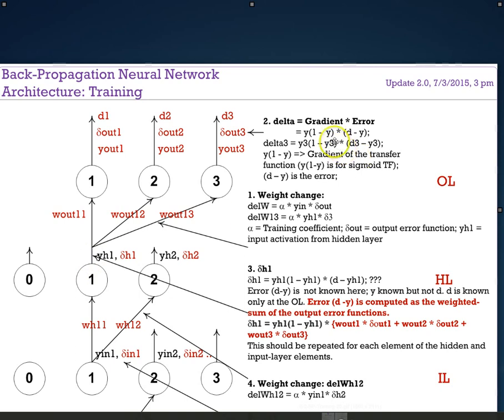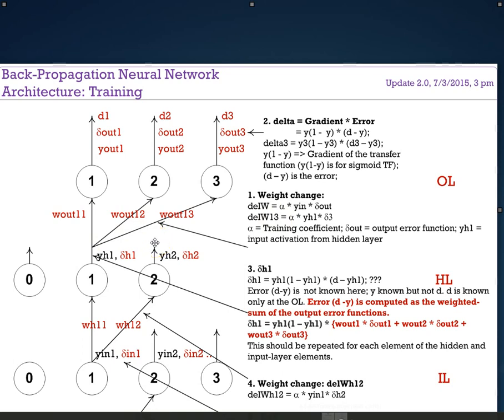Delta out is y into 1 minus y into d minus y, which is known, and therefore you can compute the weight changes here.